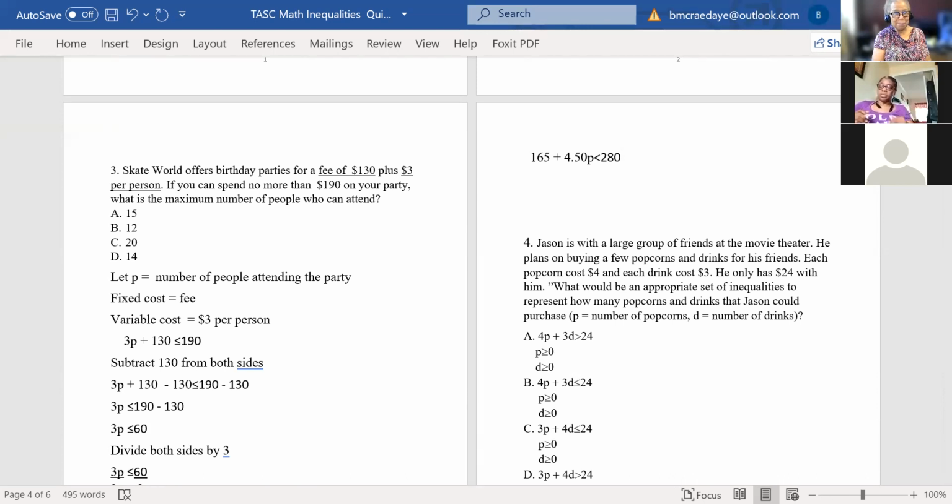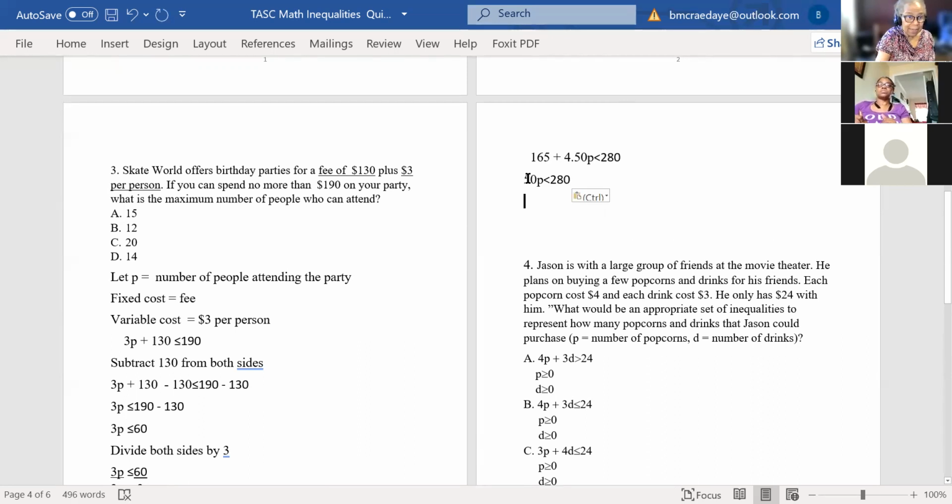Okay, I already solved it. What is P equal to? P is less than 25.5.